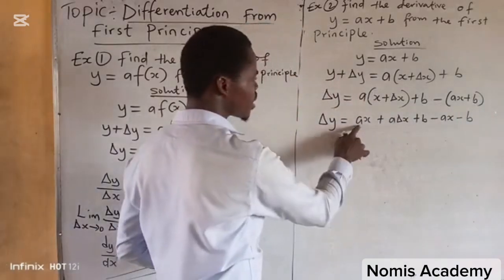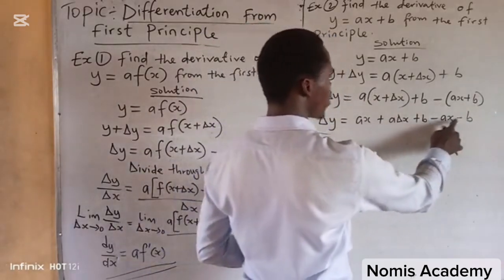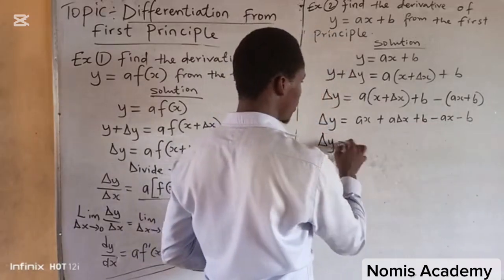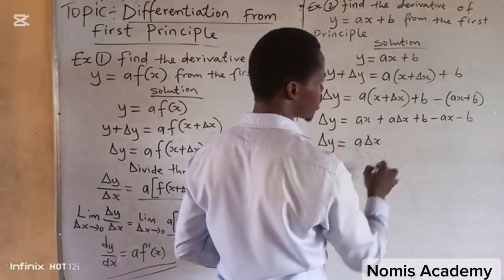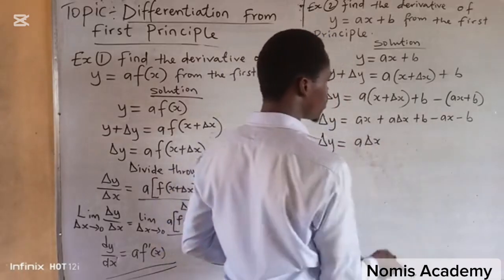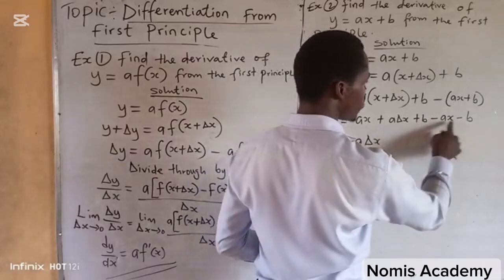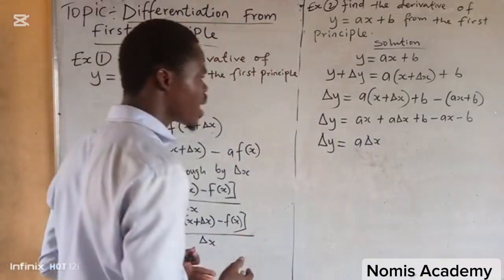You can see that ax minus ax is 0, b minus b is 0. So we have delta y equal to a delta x. At this point, we divide through by delta x.